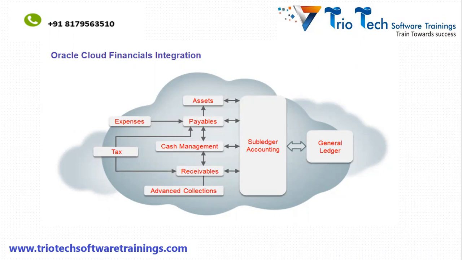So this is just for the financial modules that we can see. Assets: payables will receive an invoice for the asset related purchases, and the information related to the assets will flow to the asset application to manage the asset related transactions. Once you have purchased the asset, you need to depreciate the asset, and then there is accounting related to that.